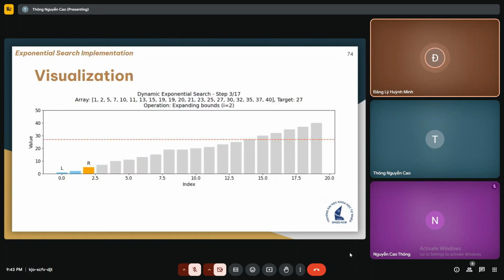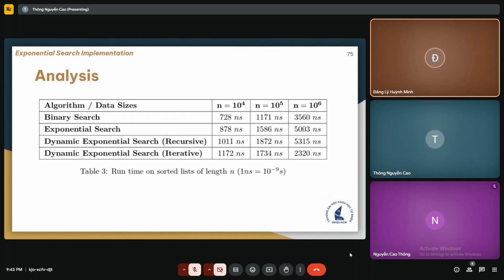This is a visualization of our proposed algorithm. And this is the table that shows the running time of our proposed algorithm compared to binary search and the author's exponential search.